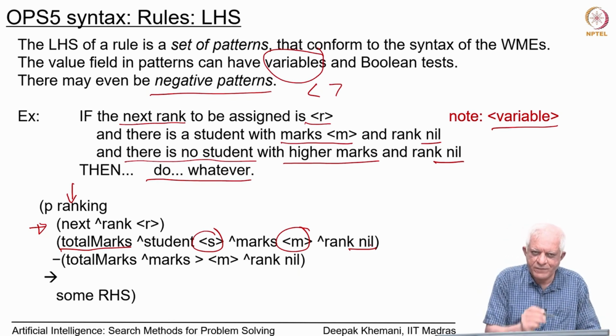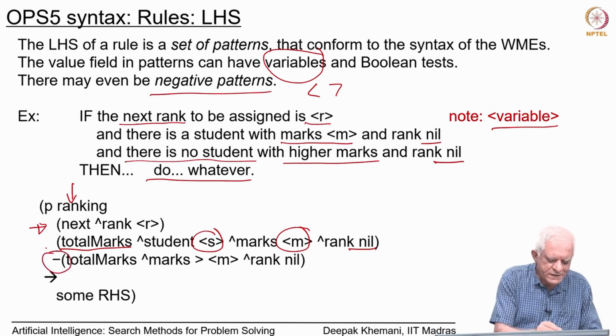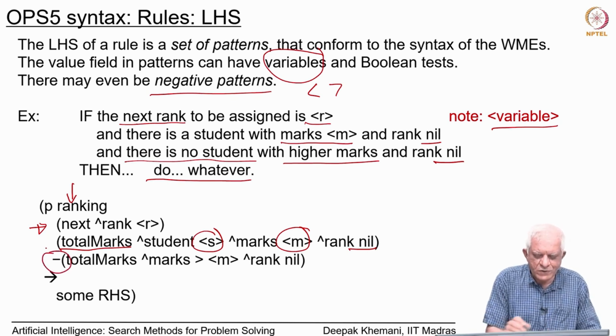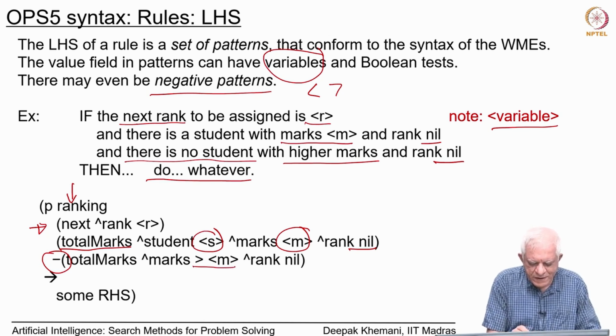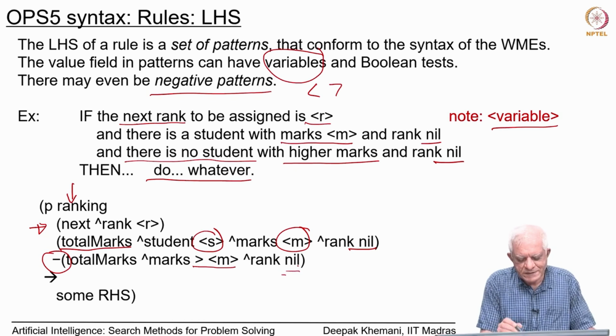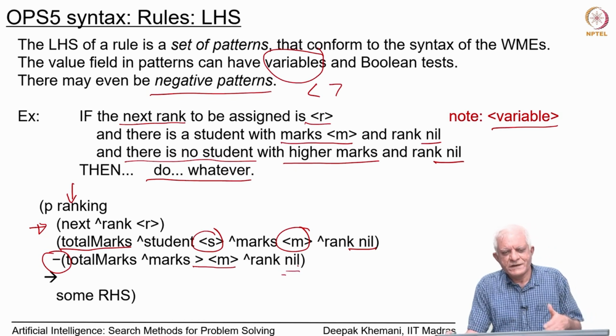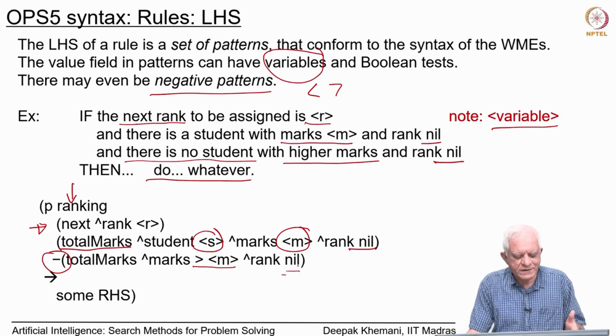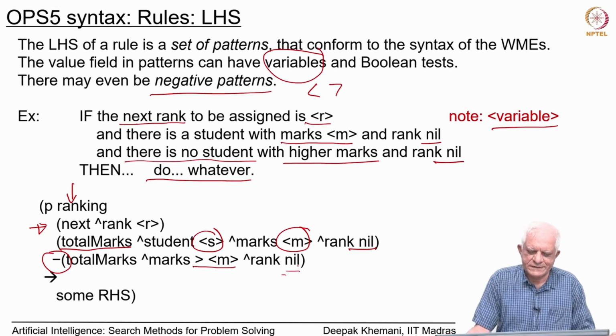And the negative pattern comes in here, it says that there is no record in which a student has marks greater than M and rank nil essentially. Then we are ready to assign a rank to this student essentially.